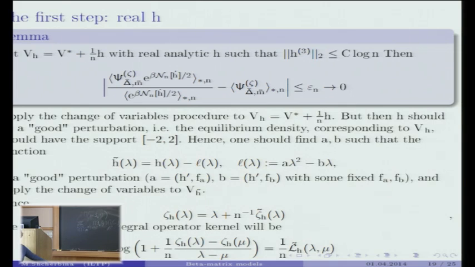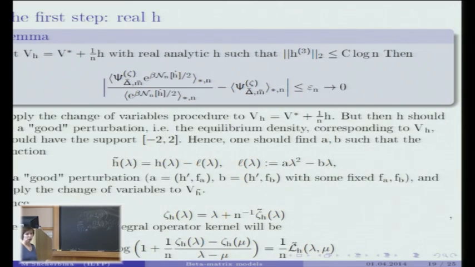I used both these facts in the proof, in the construction of the perturbation. And that is why I need to consider not my field itself, but something which is a little bit different. I consider some quadratic function and choose coefficients A and B to provide these two conditions.